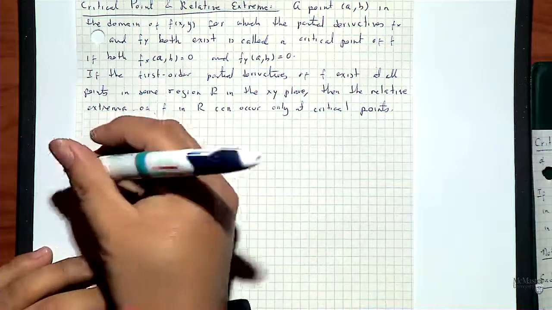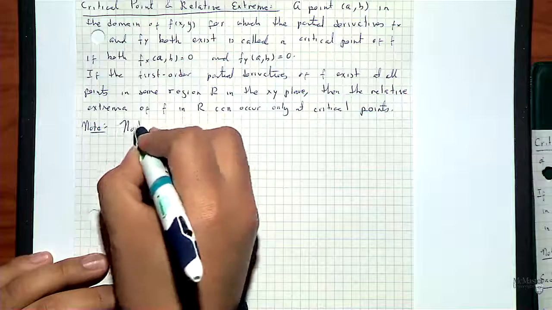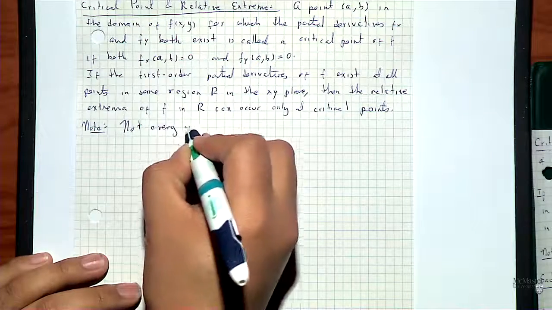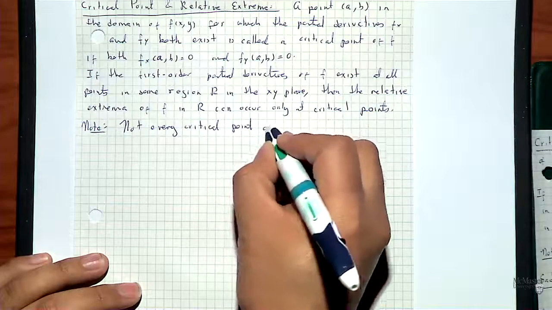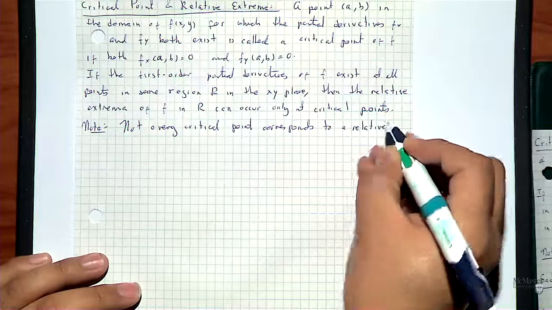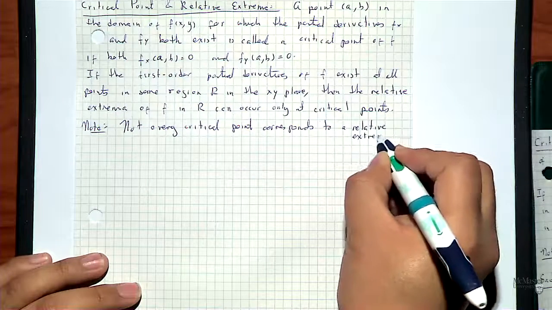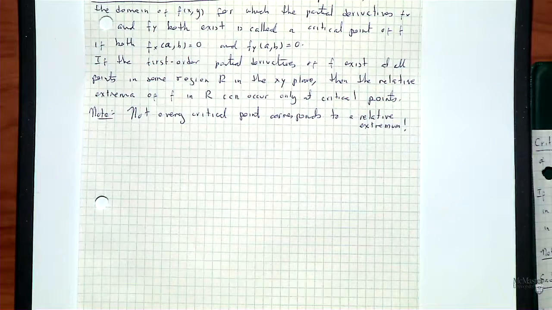Now, the note that I had mentioned before is that not every critical point corresponds to a relative extremum. So of course, relative extremum, either maximum or minimum, implies critical point.